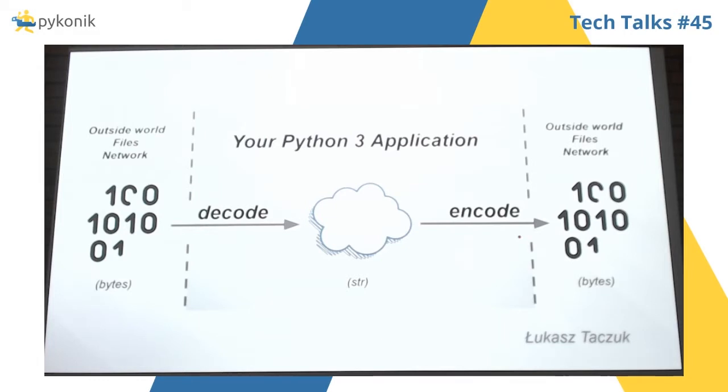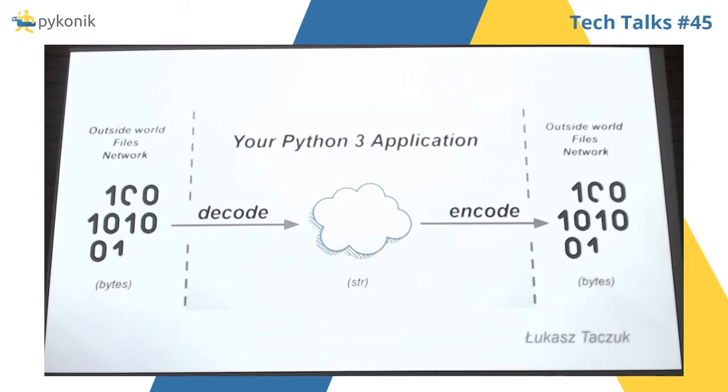You do not encode bytes, you do not decode strings, and from the outside world, you almost always get bytes. Sometimes the library that you're using will convert it for you, but this may or may not happen. Double check that all the time.